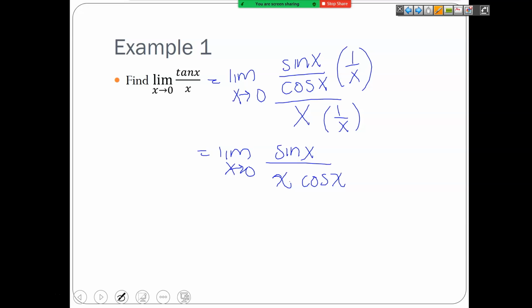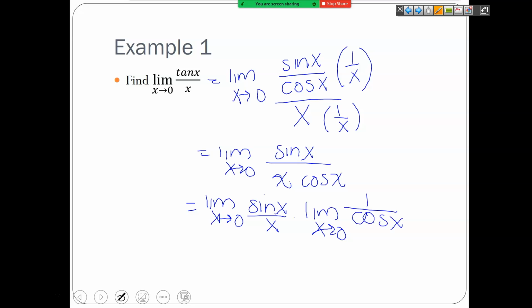And then we know that limits can get broken up. That's what we kind of just talked about. So the idea is that you can look at the limit at the beginning and the limit at the end and mash them together. So this is equivalent to the limit as x approaches 0 of sine x over x times the limit as x approaches 0 of 1 over cosine x.